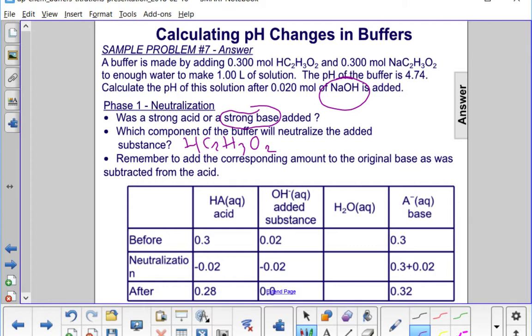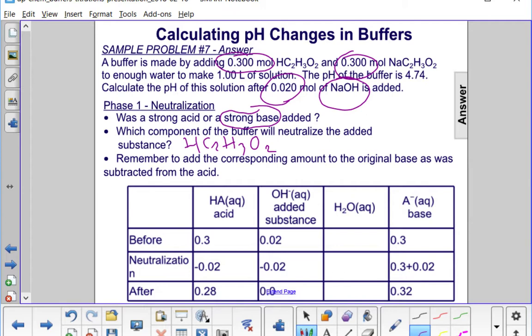Before the neutralization, we have 0.3 moles of acid, 0.02 moles of strong base, and 0.3 moles of our conjugate base from the sodium acetate. So we have our acid, our added substance, the water that's in aqueous solution, and then our conjugate base.